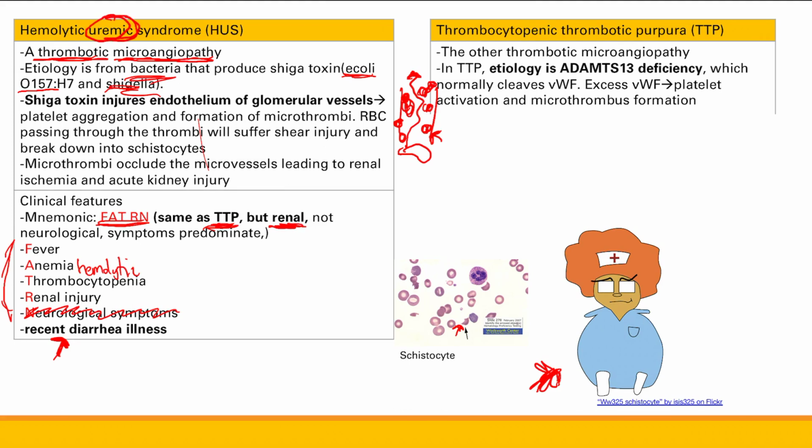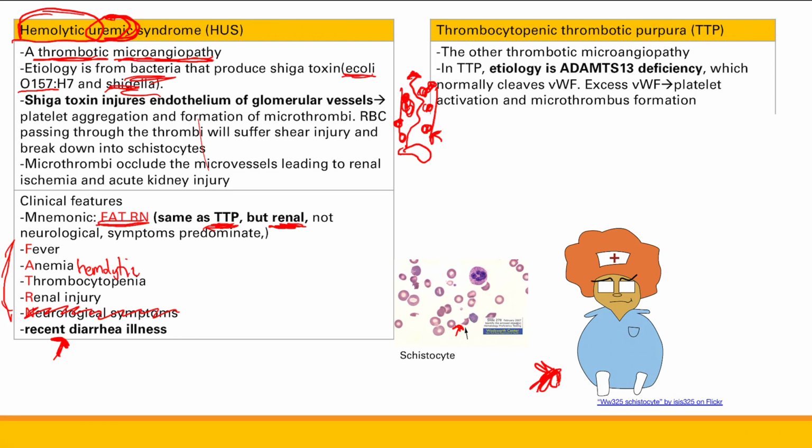If you remember it's uremic, that means the kidney is not working, so there's a buildup of uremia. When you focus on the name again, you also see there's hemolytic. Hemolytic tells you a lot too. Remember, you get hemolysis leading to anemia, and hemolysis results from the platelet aggregation, and so you also see that platelet consumption.